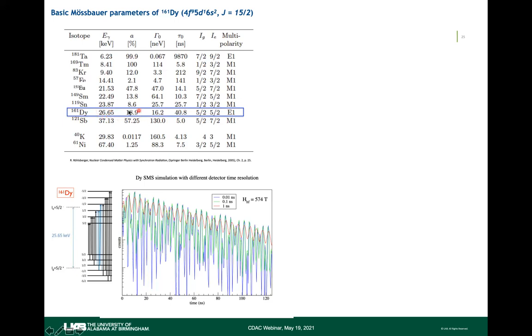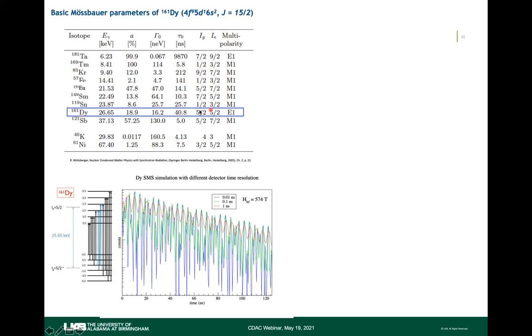The natural abundance, again, is fairly convenient, almost 19%. The full lifetime is 41 nanoseconds, which is longer than europium, but a lot shorter than iron.